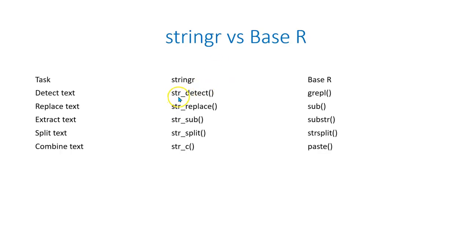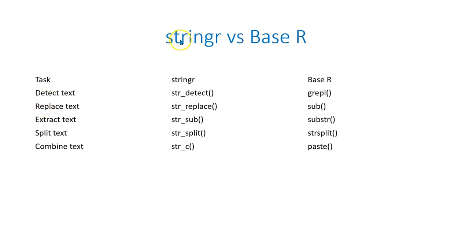Let's say you are using str_detect, you have so many other arguments, and you can modify your text better. It works very well with dplyr or any tidyverse package. stringr is a part of the tidyverse, so that's why it goes well with all these packages.